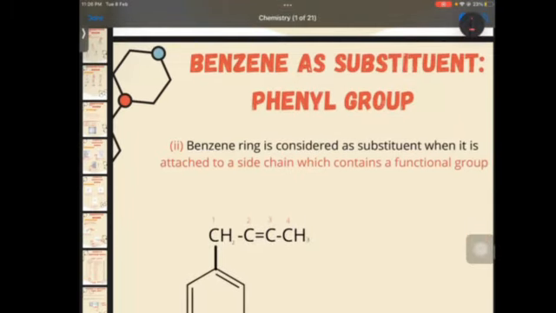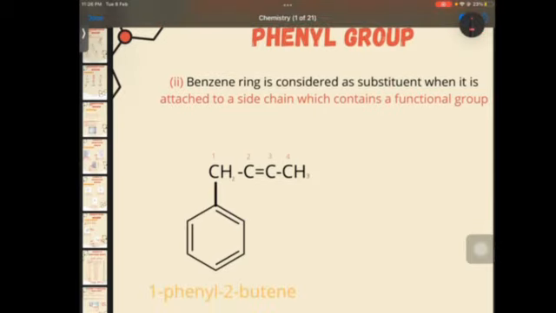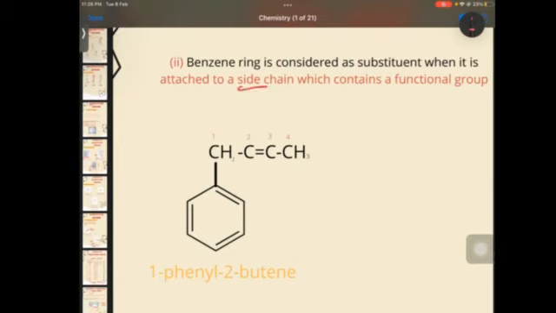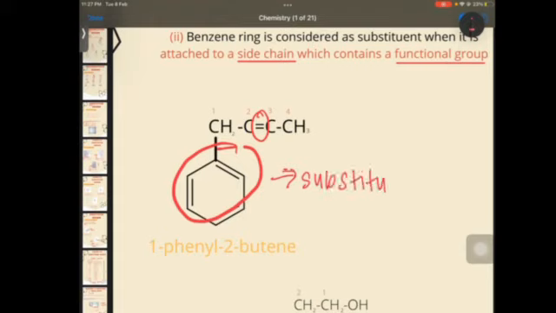Benzene as substituent, phenyl group. The second example. Benzene ring is considered as a substituent when it is attached to a side chain which contains a functional group. Maksudnya kat sini, bila dalam satu structure ada double bond, automatik benzene ring akan jadi substituent dan dia akan berubah menjadi phenyl.